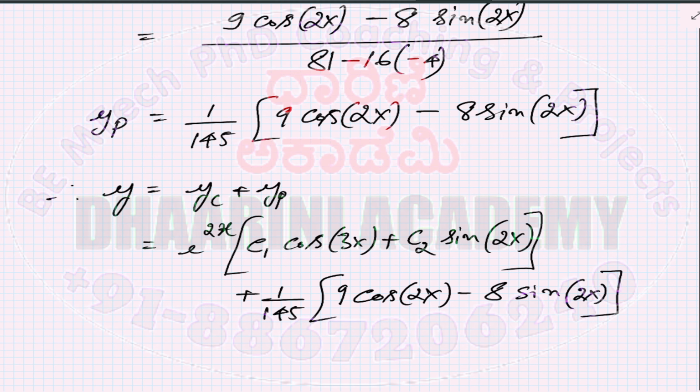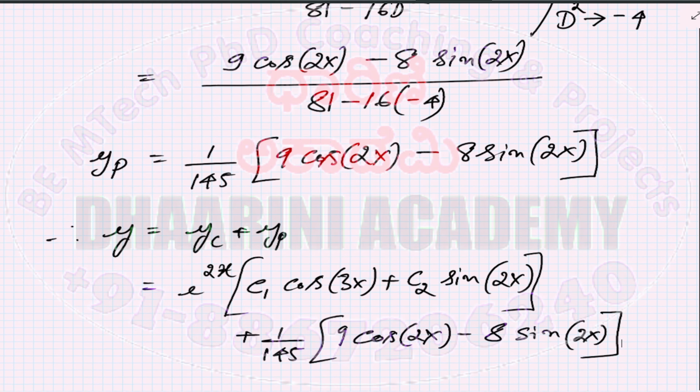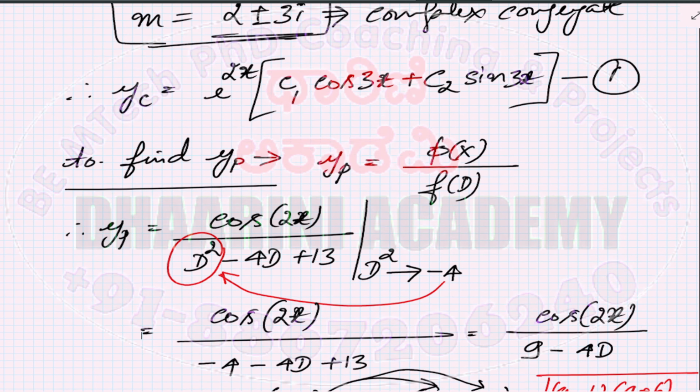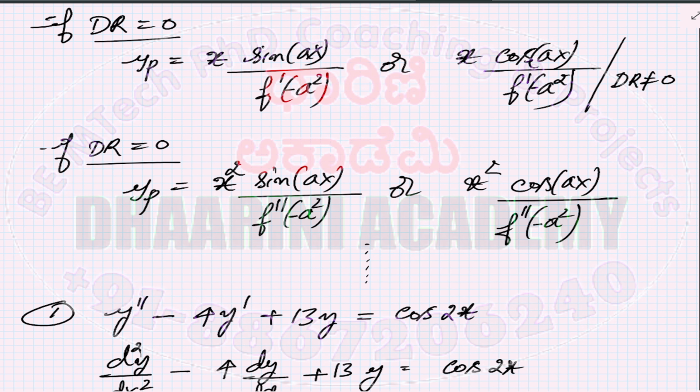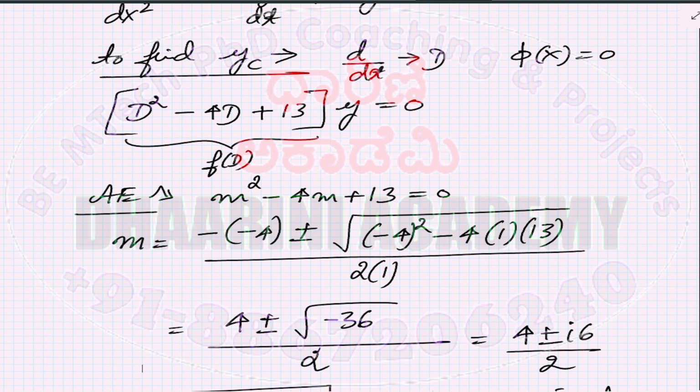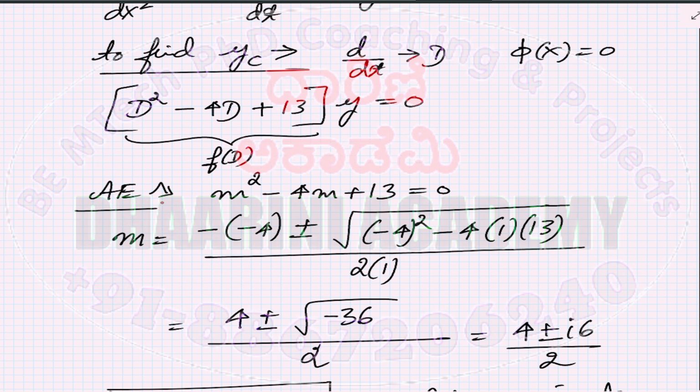Okay, now let's recall what we did. I'll go to the top. This is the question: y double dash minus 4y dash plus 13y is equal to cos 2x. We converted that into the d by dx form and equated the RHS to 0 to get this part. After that I write the auxiliary equation and find the roots.